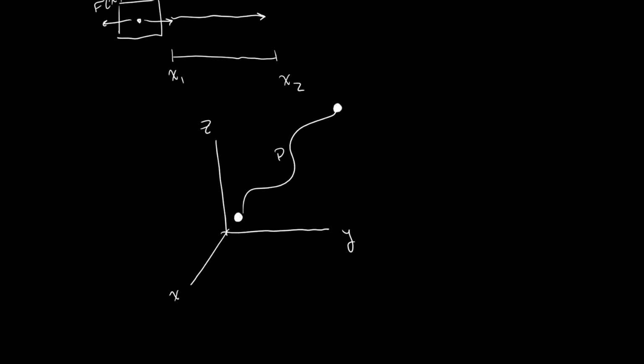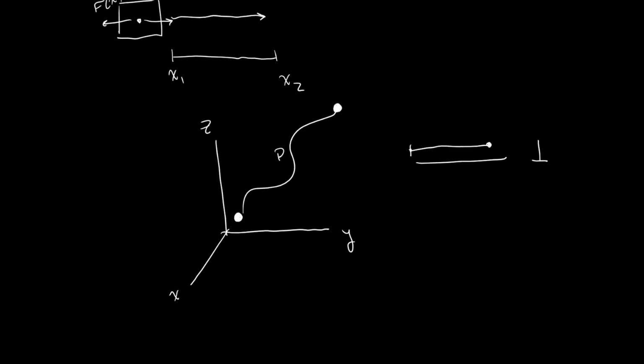So let's, instead of trying to make things too complicated, just break this down into 3 one-dimensional problems. So I might say, okay, well, in the x direction, it starts from some point here, and then it moves over to some point here.